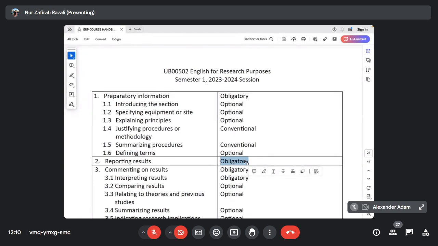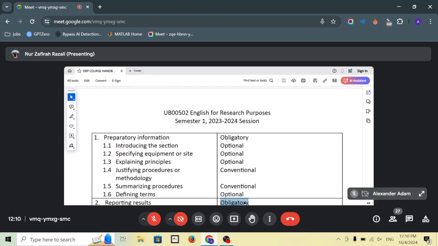Okay, so it's obligatory in the sense that the move is like a must, because reporting results is often used in all research papers. Of course, research is to present the results, right?